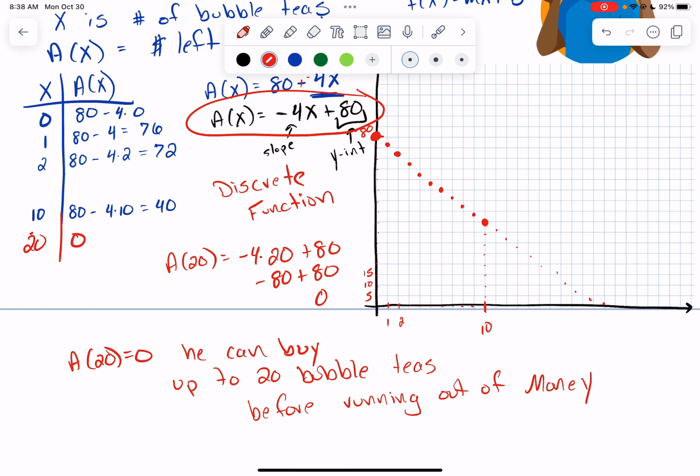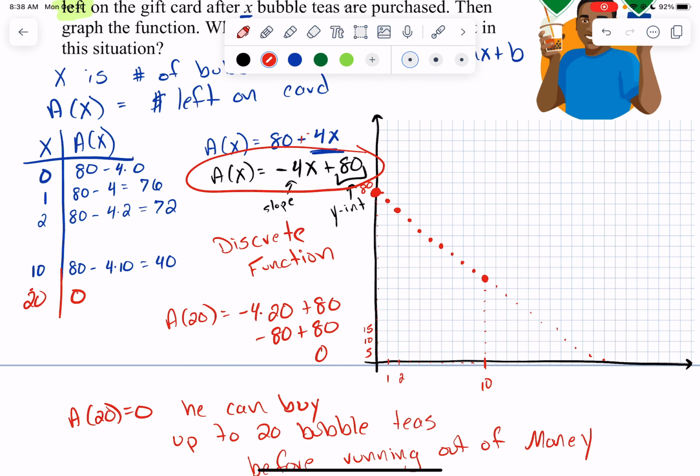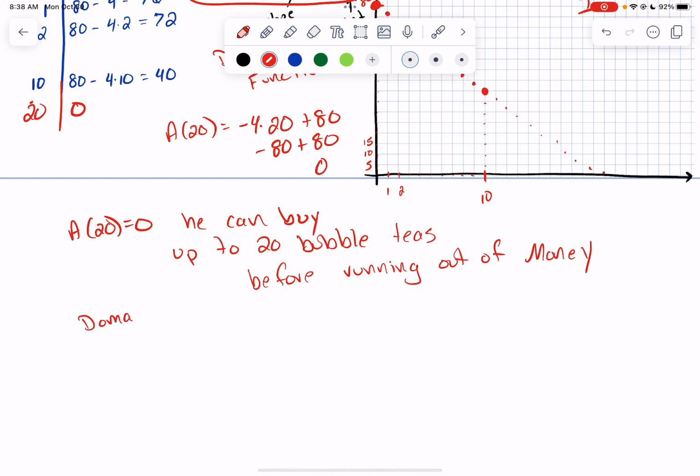Okay, right, so again, it makes sense in this case when graphing it to only graph positive x's and positive y's, which, if you remember, that is quadrant 1 in our graph. We use Roman numerals, quadrant I, because negative bubble teas and negative money don't make sense. I want to talk a little bit here about domain and range. What is the domain and range of this function?